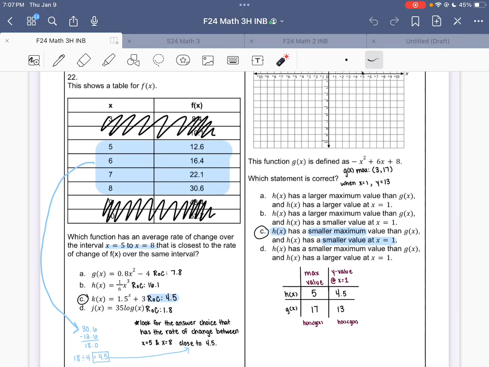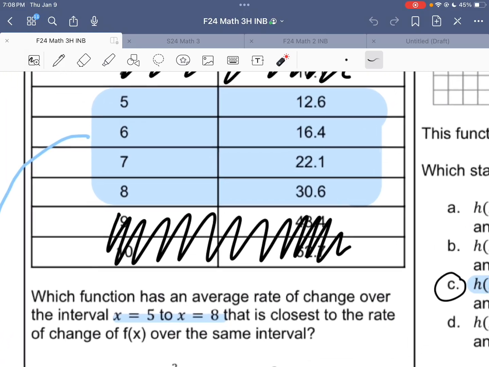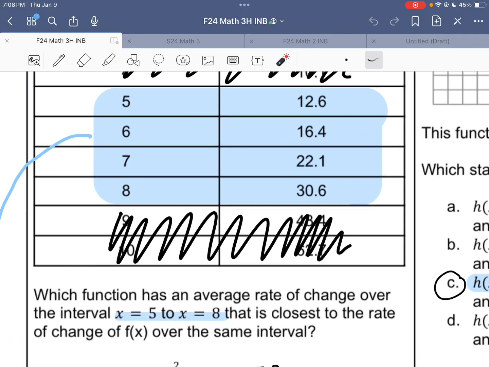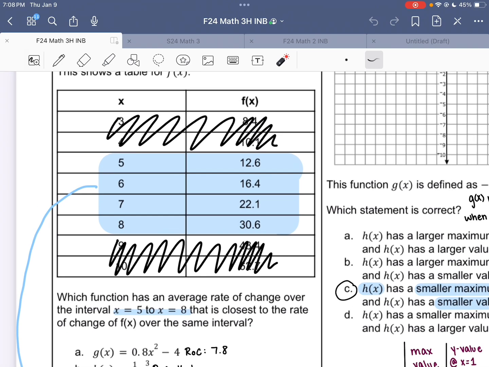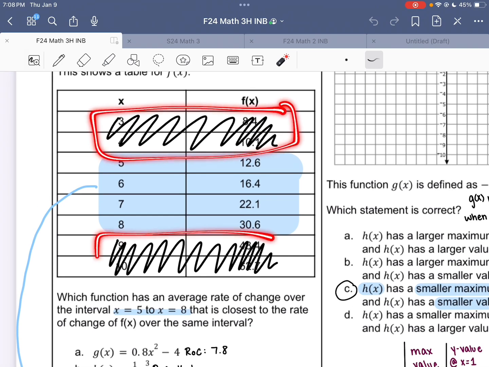I'm not going to lie, 22 is a little bit of work. It's not hard, it's just not very quick. So it's asking about the rate of change. So they give us specific values. So we're using where x is 5 through x is 8. Everything else I do not care about.